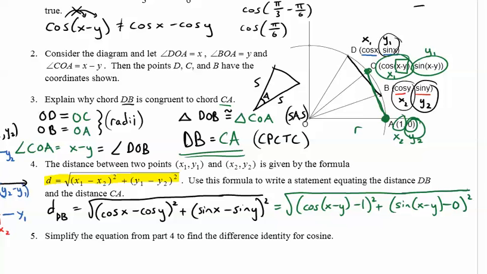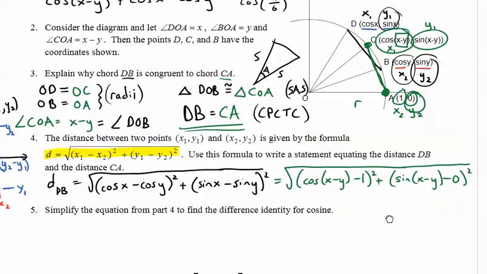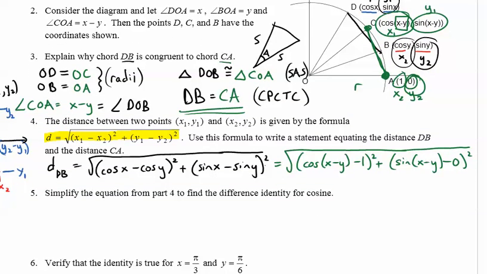Now if I simplify this equation, then I'll get the difference identity for cosine. So I have a square root on both sides. If I square both those square roots, then the square roots will cancel off, leaving me with (cos x minus cos y) squared plus (sin x minus sin y) squared equals (cos(x minus y) minus 1) squared plus (sin(x minus y) minus 0) squared.